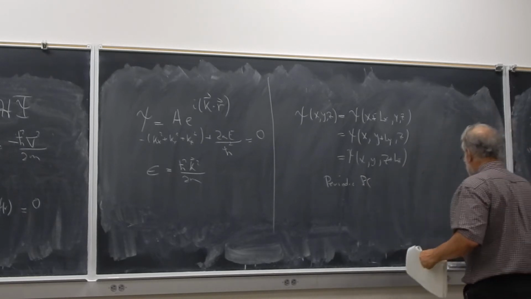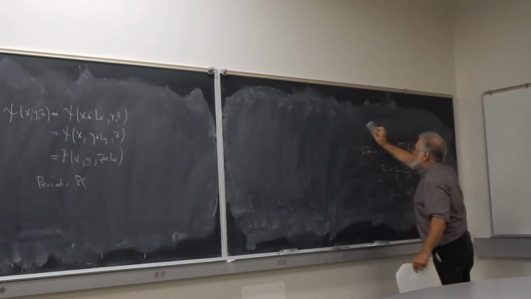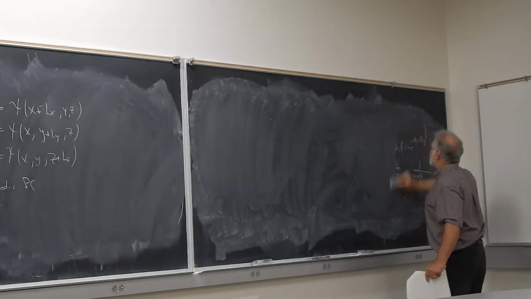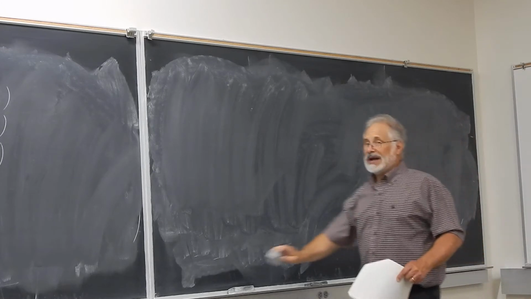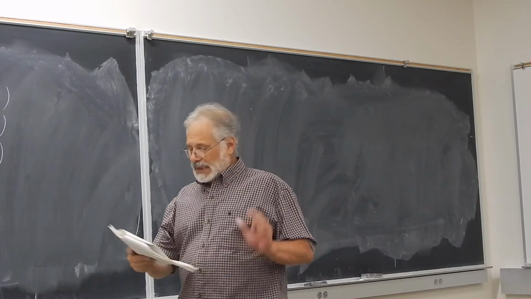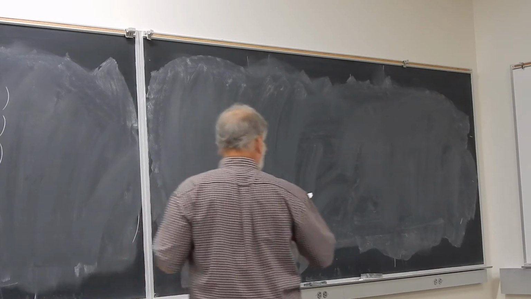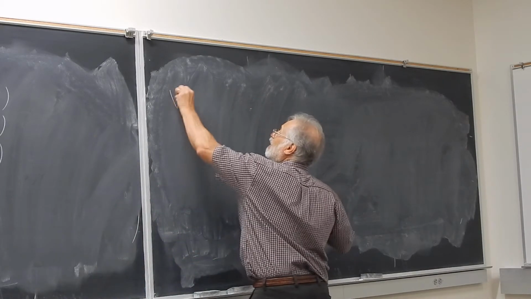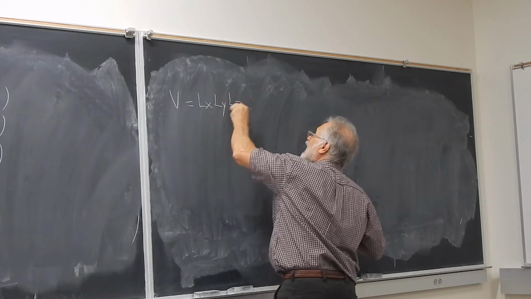But what I want to do is apply these periodic wave functions, this solution, to a situation where we've confined the gas to a volume that's a parallelepiped of sides Lx, Ly, and Lz. So we can say that we have a volume equal to the product LxLyLz.